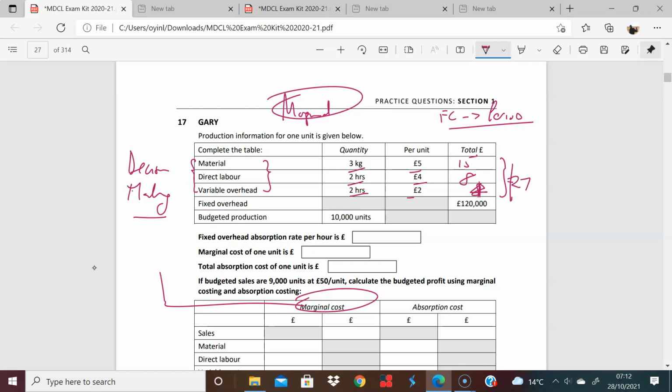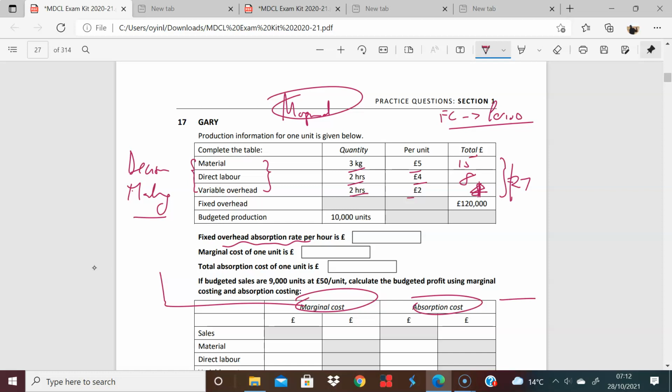So let's just walk through. Now, for absorption costing, this fixed overhead absorption rate is important, because all stock must include all the production fixed overheads. IAS 2 requires all costs, including fixed production overheads, to be in the product. So for reporting purposes, we're going to be using absorption costing.